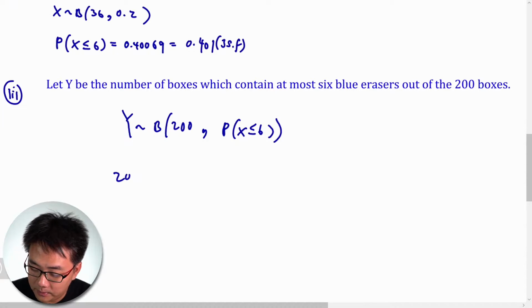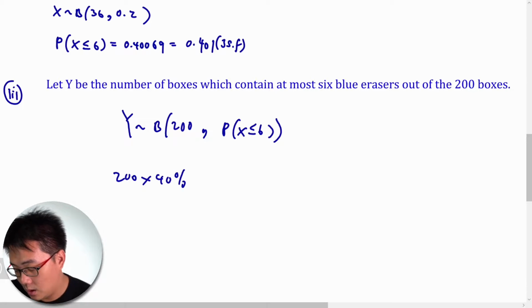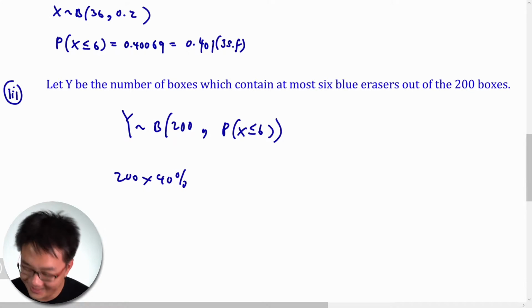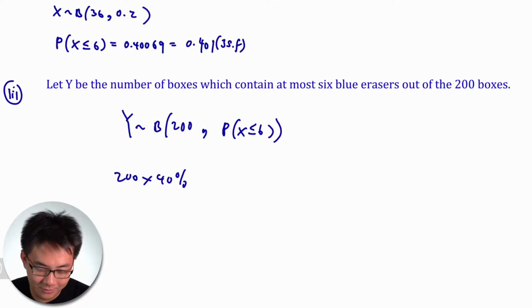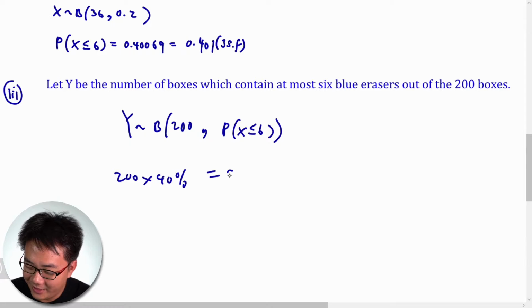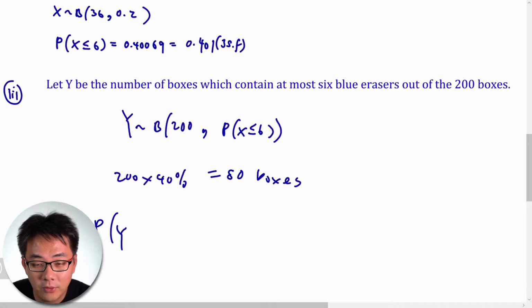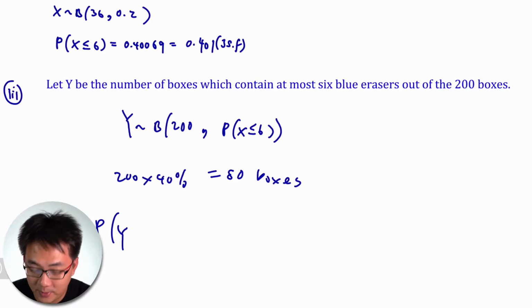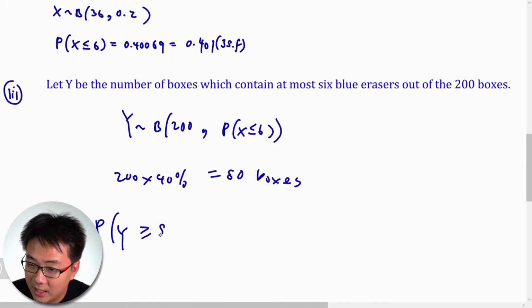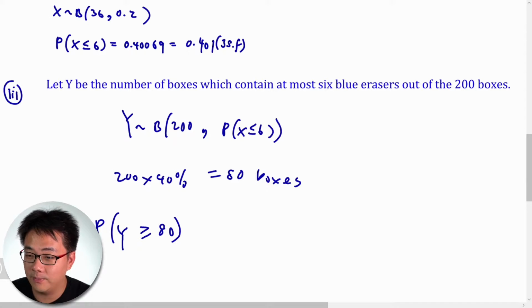So 200 times 40% is 80. So 80 boxes. So you want P(Y at least 80), at least 80 boxes. This is how you define it.